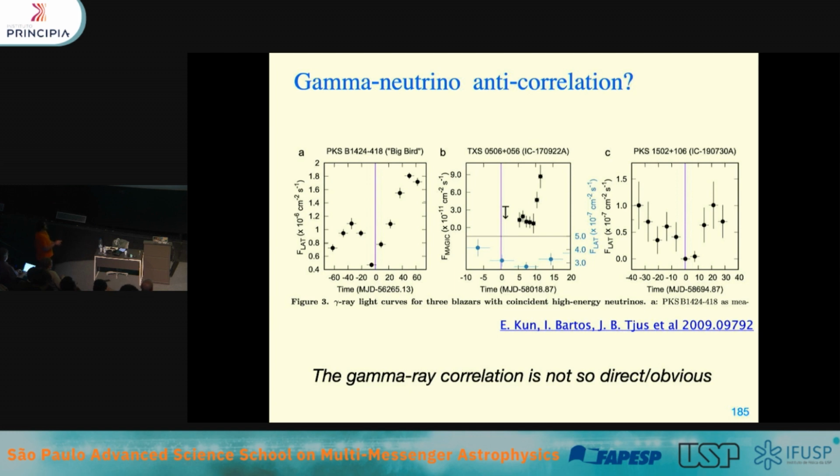This is MAGIC and Fermi-LAT, and this is Fermi-LAT. You can see that the time of arrival of the neutrino seems to correspond to a decrease in the gamma ray observations. So the gamma ray neutrino correlation, this very simple picture where you produce protons, these make pions, and they just decay, maybe is not so simple.